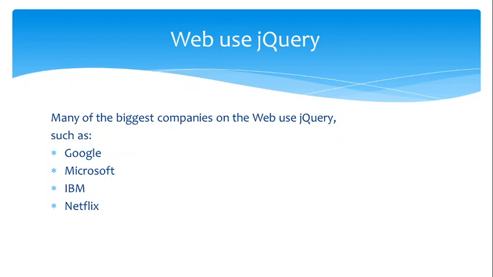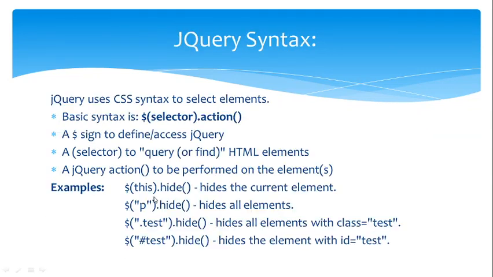If your internet connection is slow, no problem, it will not take much time to load the website. Because of that, big companies also use jQuery. Okay, fine. So this is the syntax of jQuery.